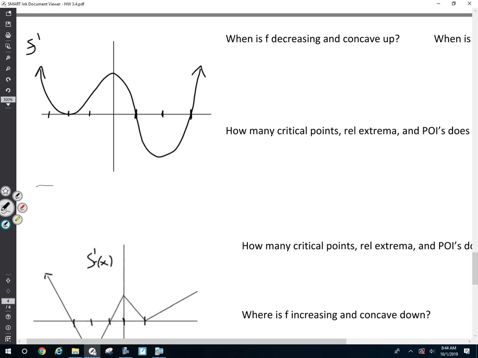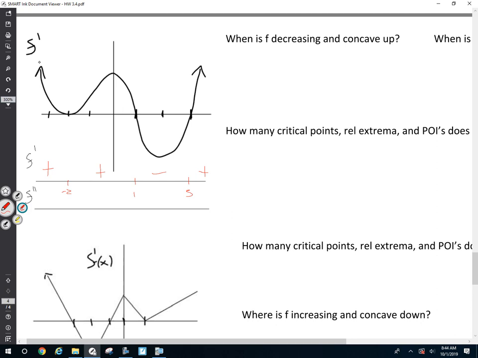Okay, same deal. I got positive f prime values until negative 2. Then I got negative f prime values until 1, positive values until 3, negative values after that.